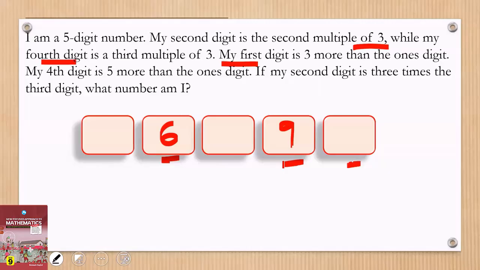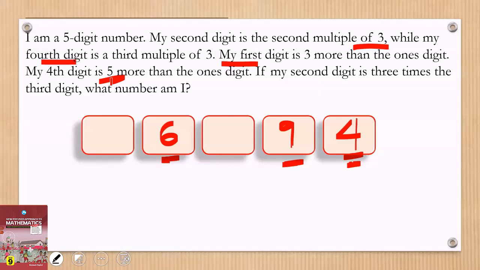So if that is the case, then the 1st digit should be 4, because if the fourth digit is 5 more than the 1st digit, then we can put 4 here. Okay, because if I subtract 4 from 9, I'll get the 5 that they make reference to. So now I've gotten my second, my fourth, and my fifth number. I'm left with my first and third digit.